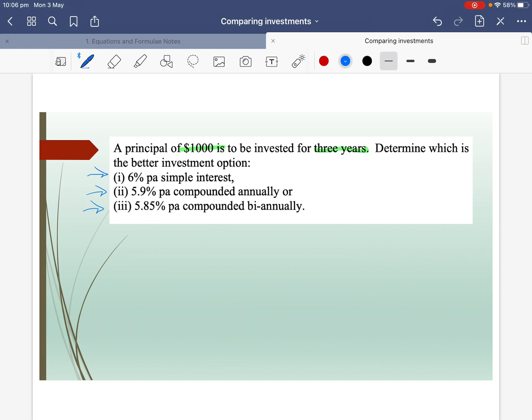Okay, let's look at option 1. Option 1 is 6% simple interest. So for simple interest, I use the formula I equals PRN to find the amount of interest on that investment. So $1,000 times 6% times 3, and that gives me $180.